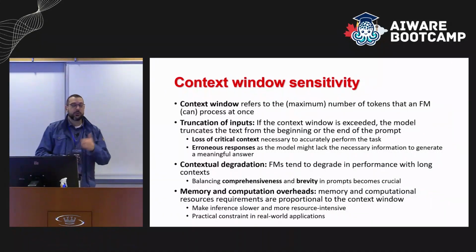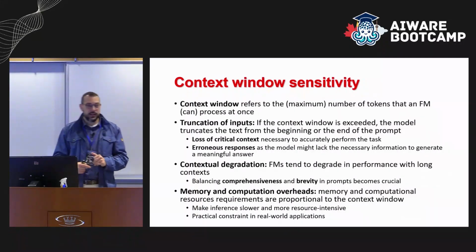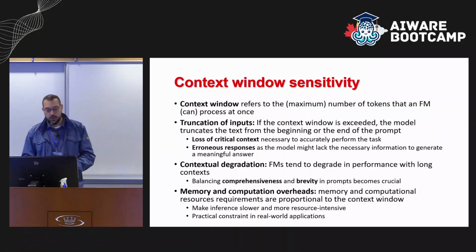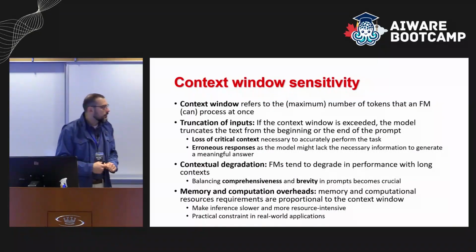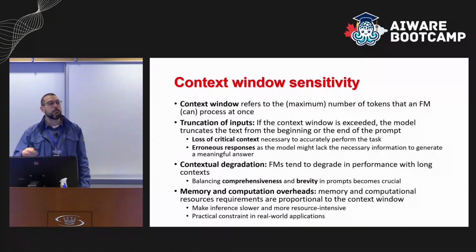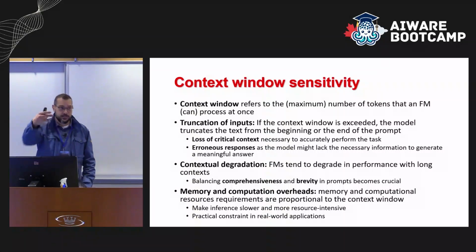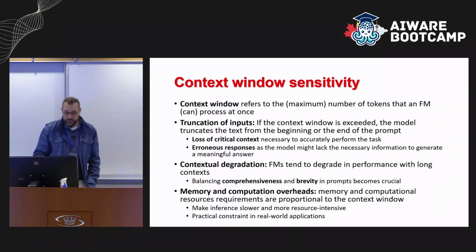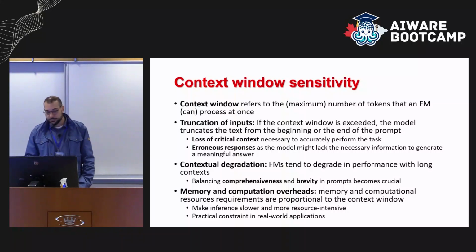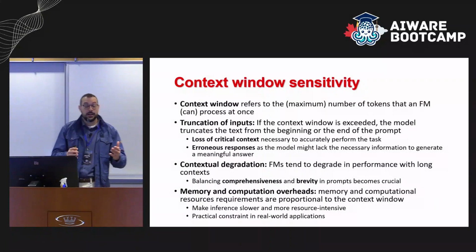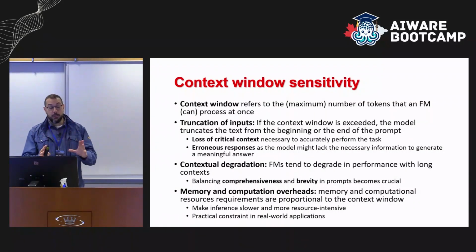So you can, for example, lose critical context that you gave to the model, and as a result get wrong answers, as the model can just miss this information that you thought would be given to the model, but it's actually not. You can also see what we call contextual degradation. This is proof that longer prompts will make the model perform worse for the same task.